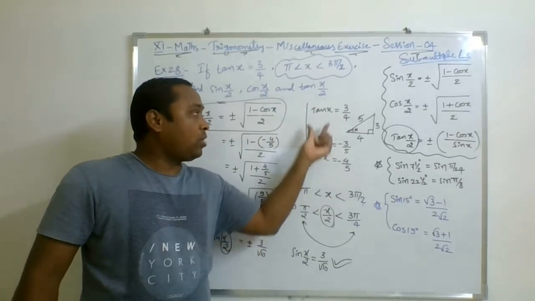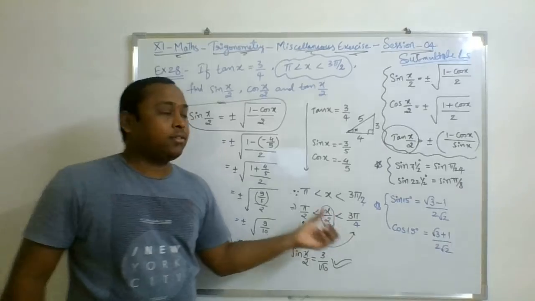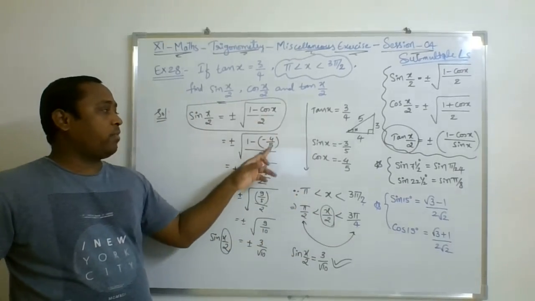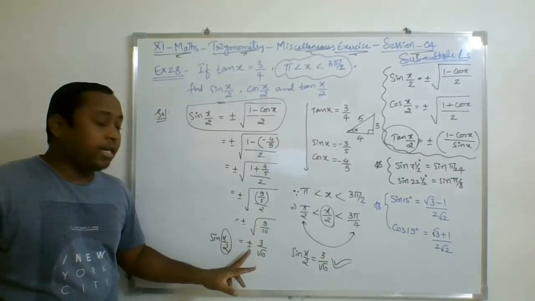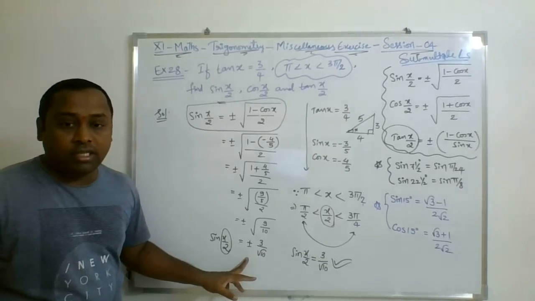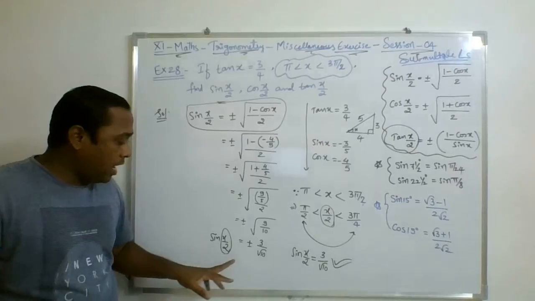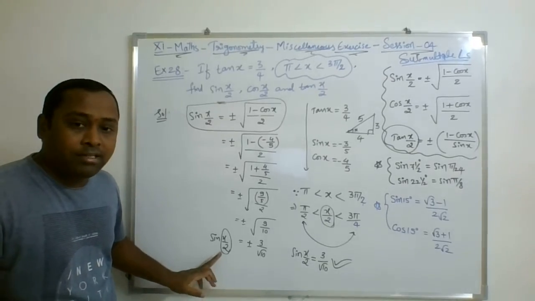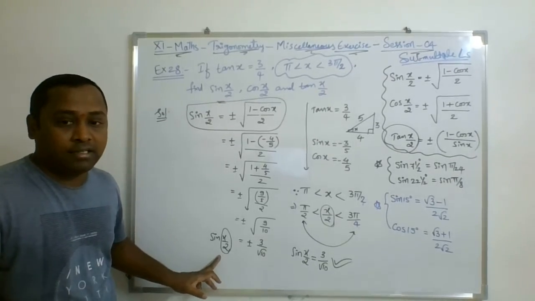Once I know tan x, sin x and cos x, I simply use cos x value to simplify, and at the end I have to decide whether I should go with positive or negative.